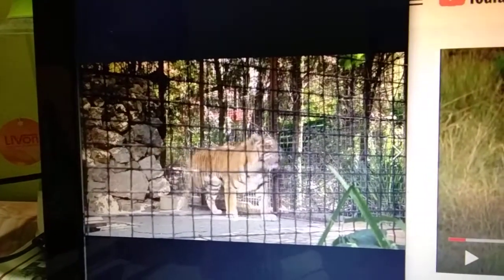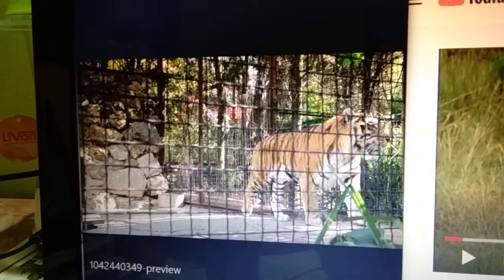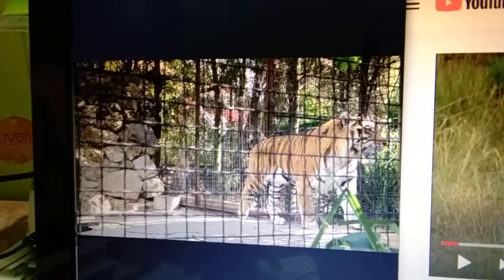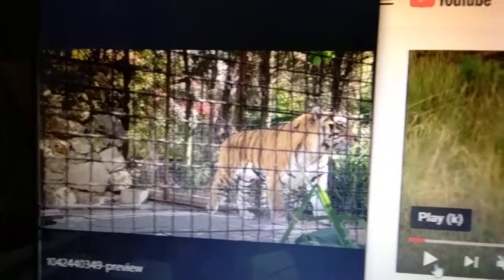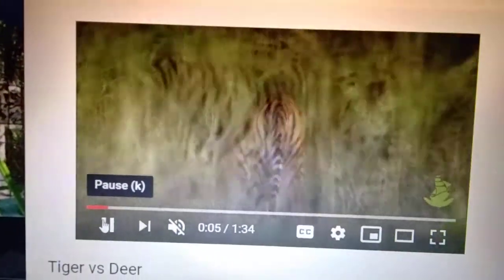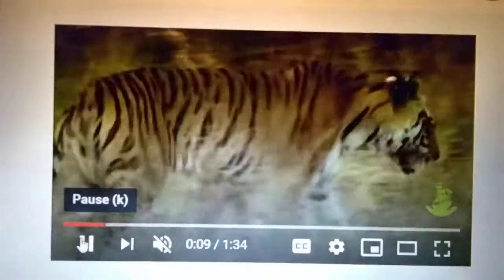This is the tiger who is stalking from one end to the other end of the cage. And here you see one tiger who is in the forest. Means it is free.